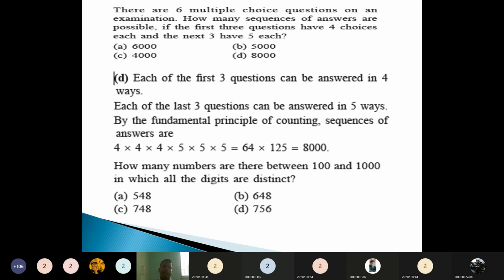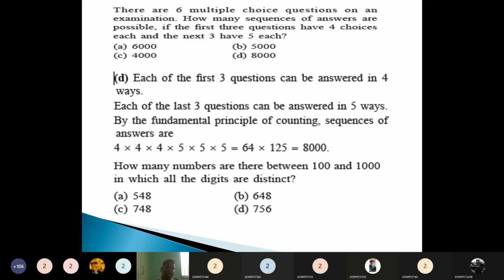If you take 101, the 1 is coming twice, so 101 is also eliminated. That will not come into our counting. Next, 103, yes, 103 will come. In that manner, how many such numbers exist, 3-digit numbers from 100 to 1000 where all the digits are distinct?